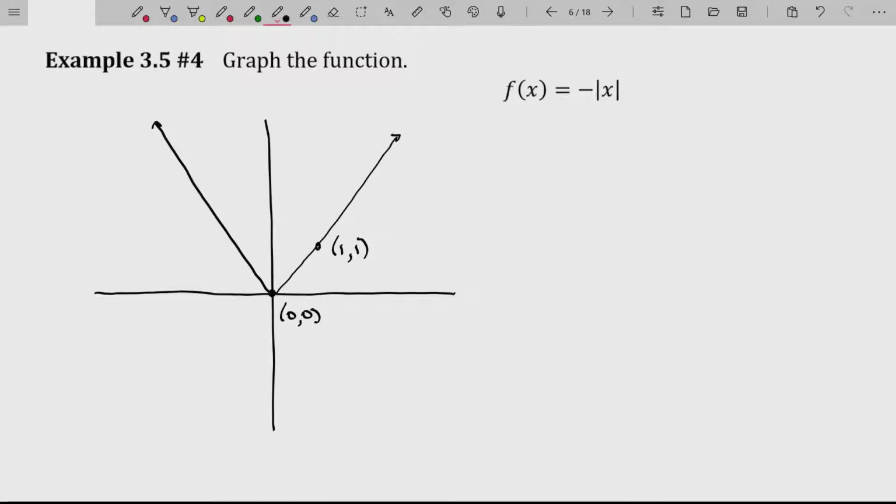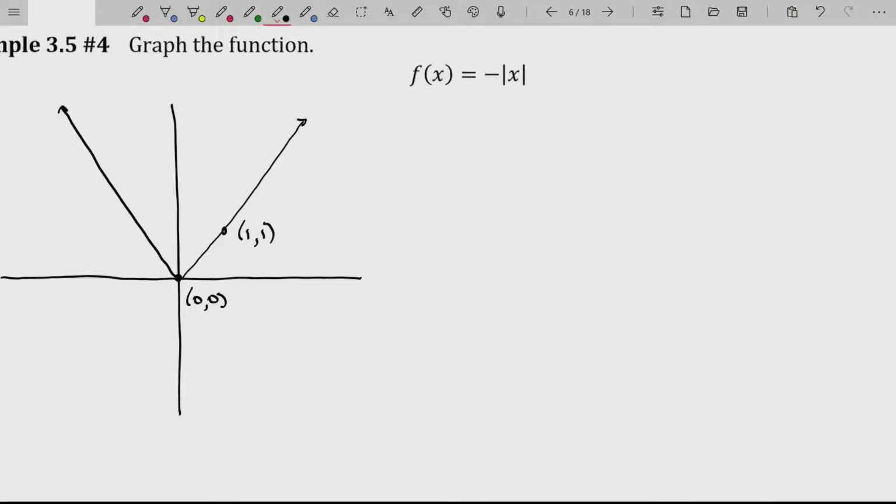And what you want to do is graph the opposite of the absolute value of x, which means it's going to take all those y values and it's going to flip them about the x-axis.